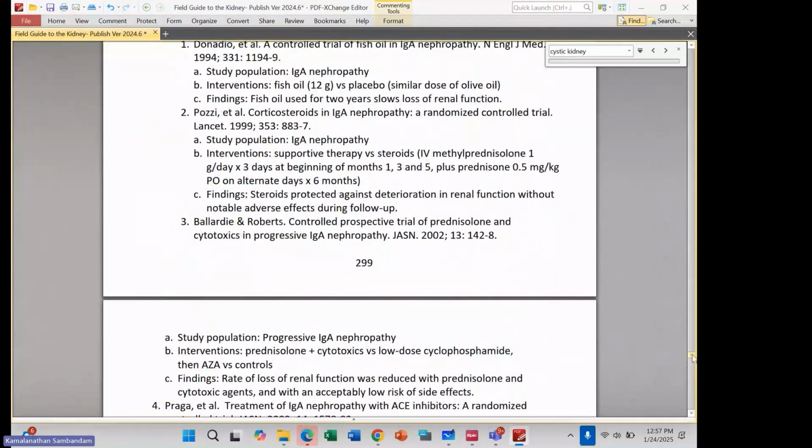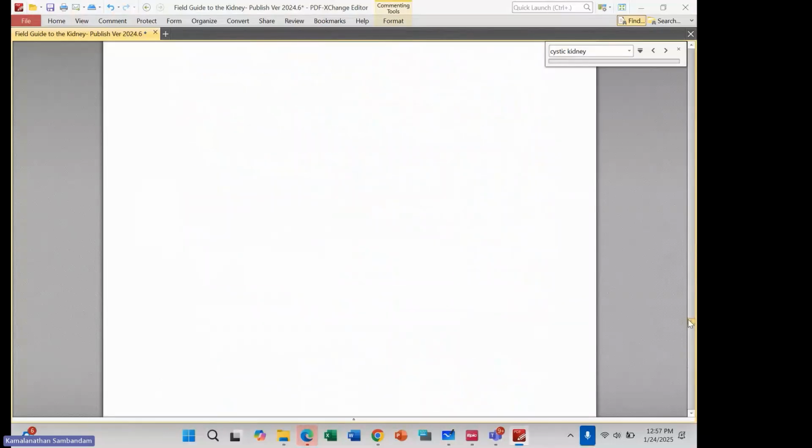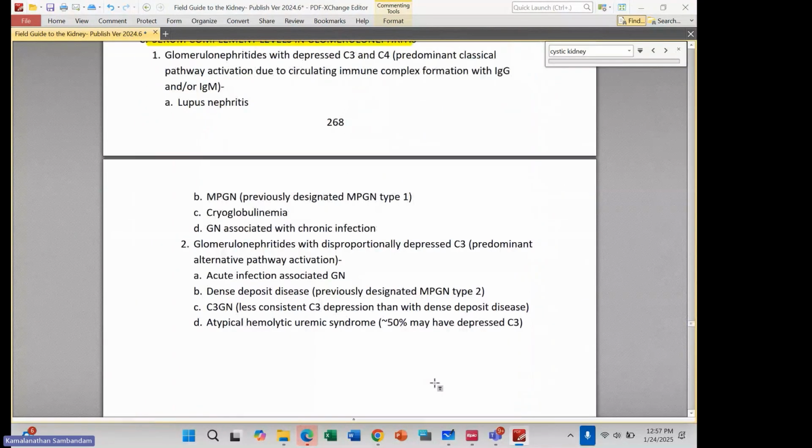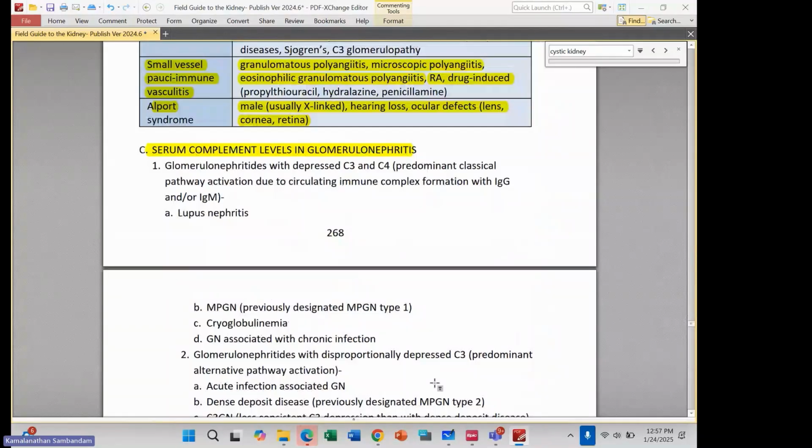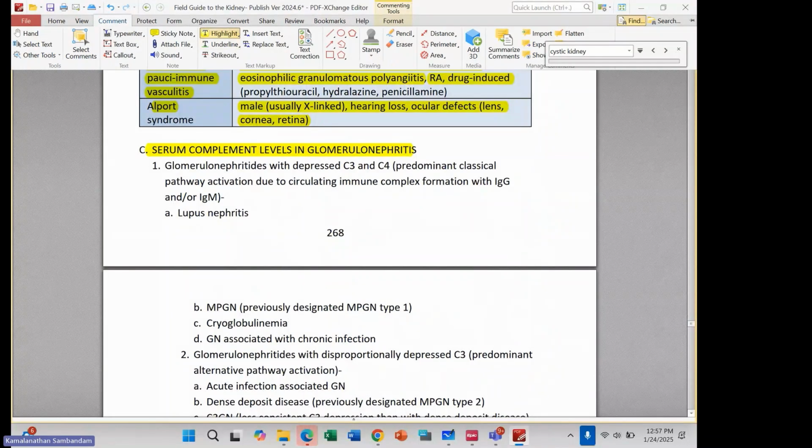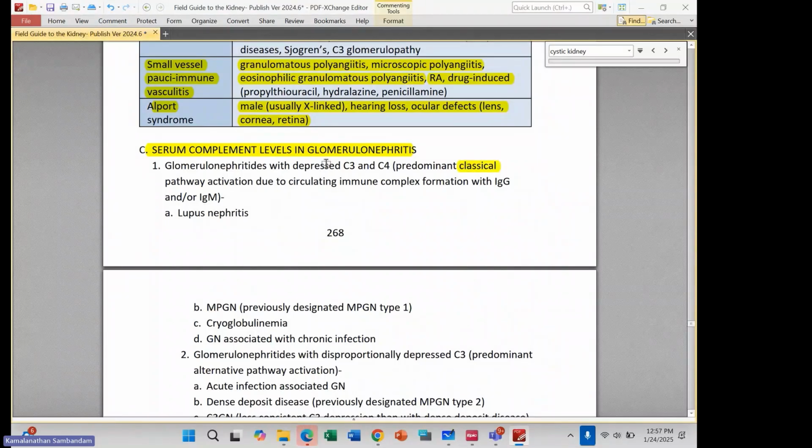So let's go back to our summary of what we see. Again, if I can conceive of this condition being primarily through circulating immune complexes containing IgG or IgM, lupus being one of them, MPGN is a classic one.